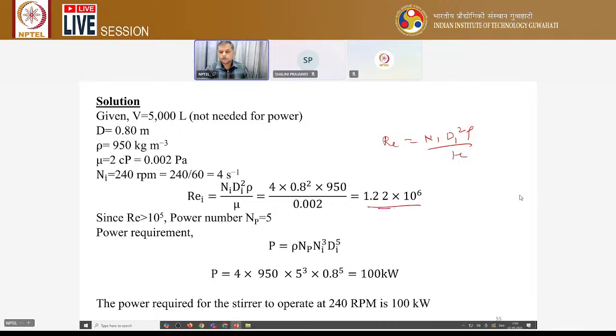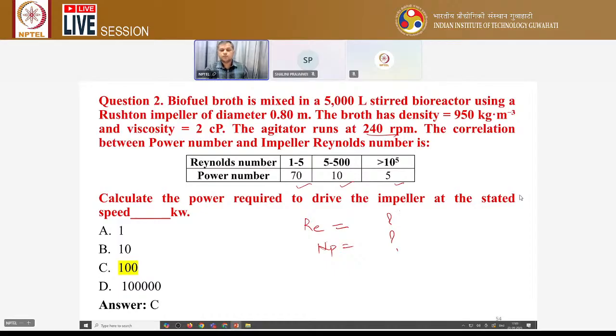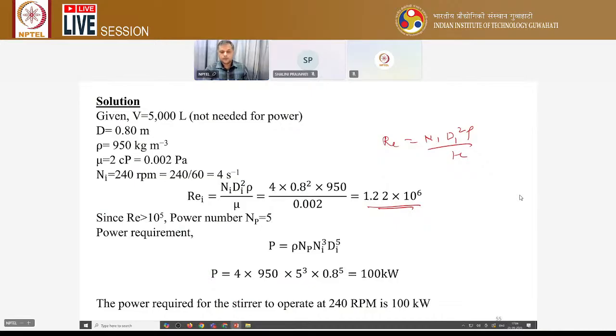So you got turbulent flow, 10 to the power 6. So Np will be 5. Power number is 5. Now for the turbulent region, you know P is rho Np N cube Di 5. So you get the power requirement will be 100 kilowatt.